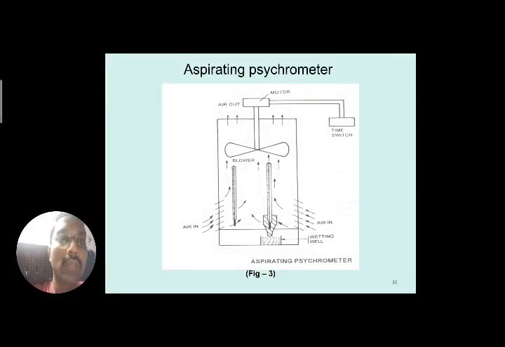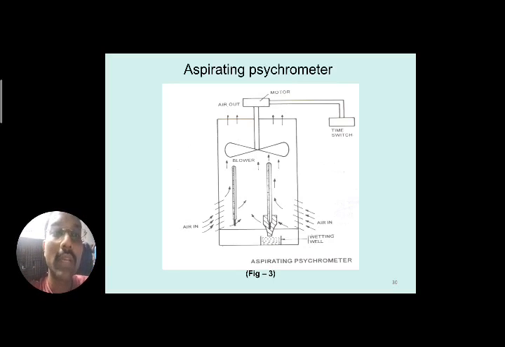This fan is connected to an electric motor, and a time switch is provided for checking the temperatures at regular intervals. For example, if you want to measure every 15 minutes, this time switch is utilized so that the measurements take place automatically at the interval.